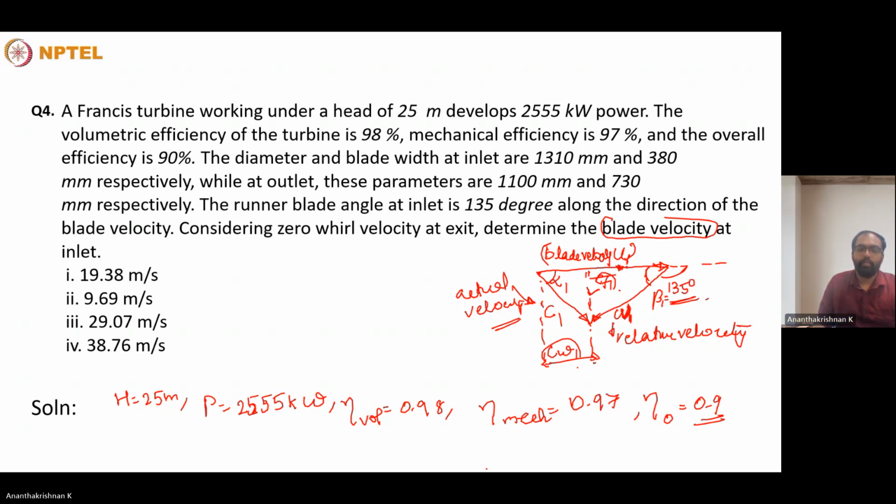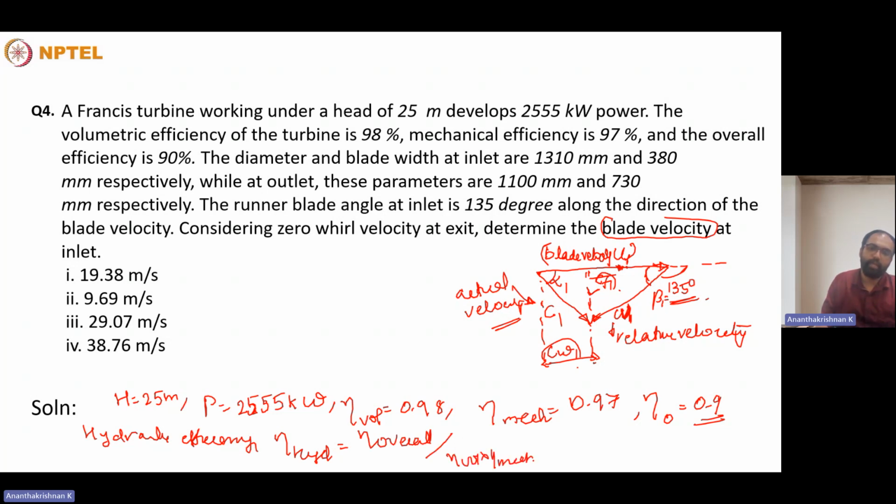So the important parameter that connects the power produced by the blade to the power which is available at the inlet to the runner is the hydraulic efficiency. From the volumetric efficiency, mechanical efficiency, and overall efficiency, we can determine the hydraulic efficiency. So the hydraulic efficiency, eta hydraulic, is equal to overall efficiency divided by the volumetric efficiency multiplied by the mechanical efficiency.